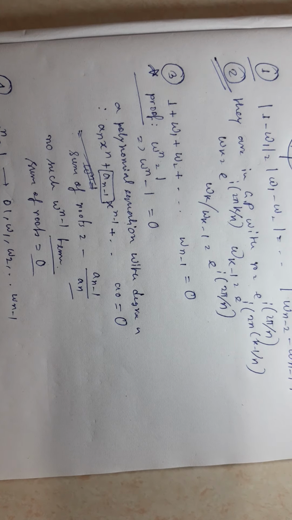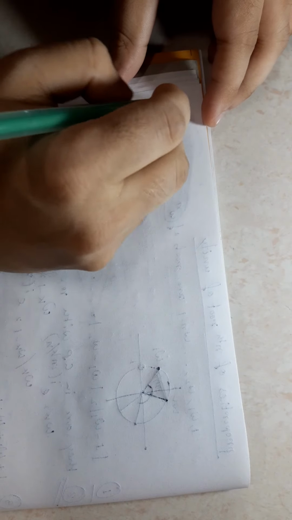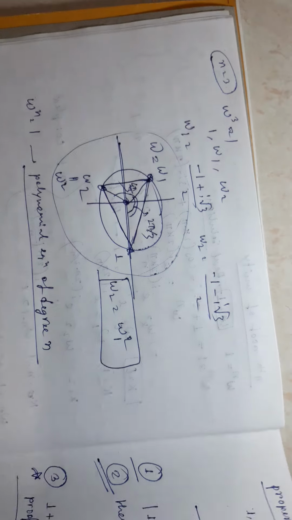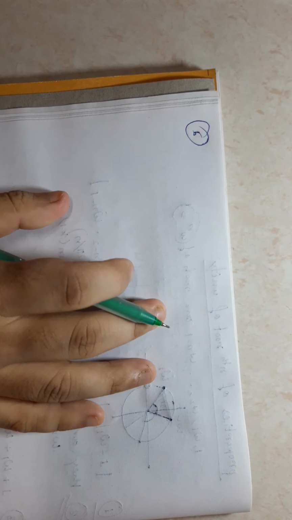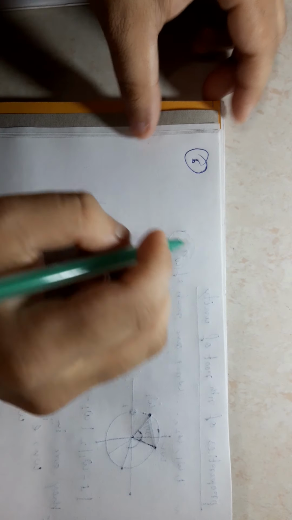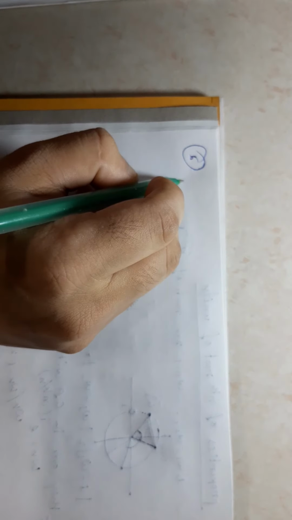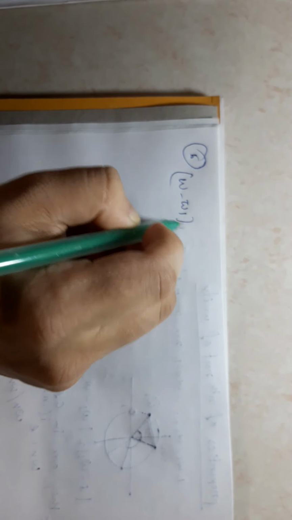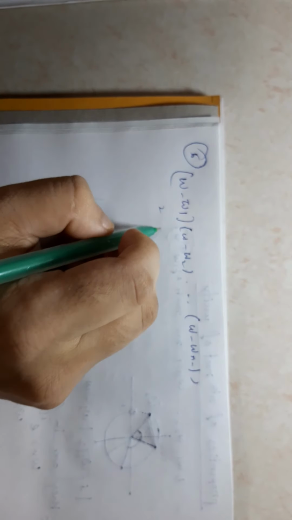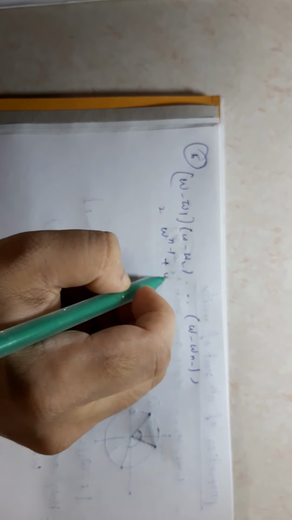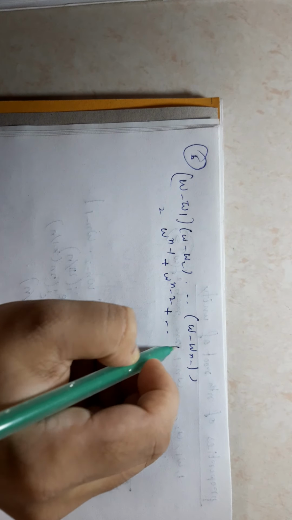Okay, and another property is, this is the fifth. We have the identity (omega minus omega 1)(omega minus omega 2) dot dot dot (omega minus omega n minus 1) is equal to omega to the power n minus 1 plus omega to the power n minus 2 dot dot dot 1.